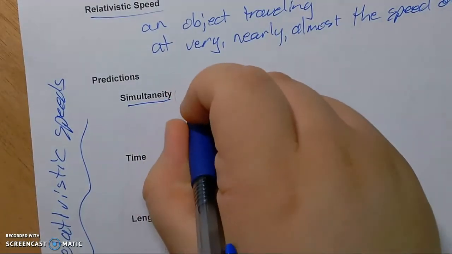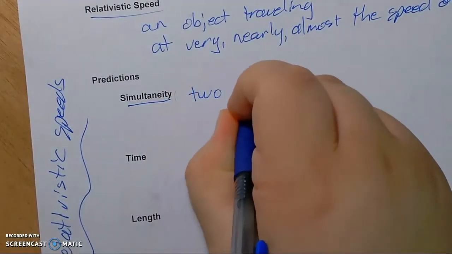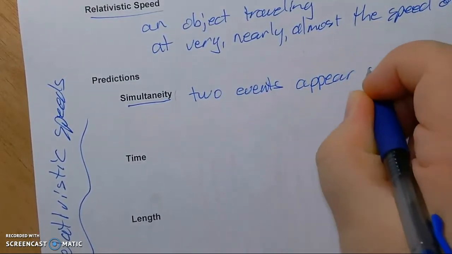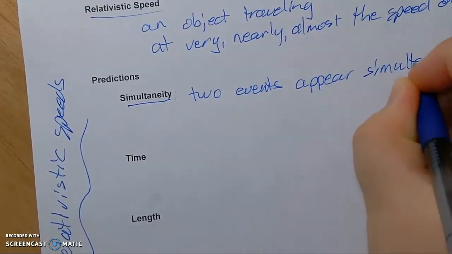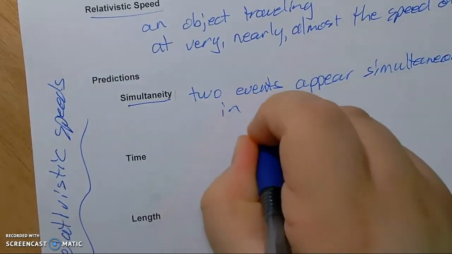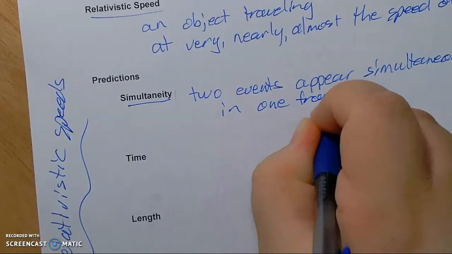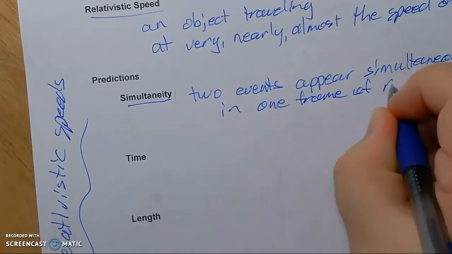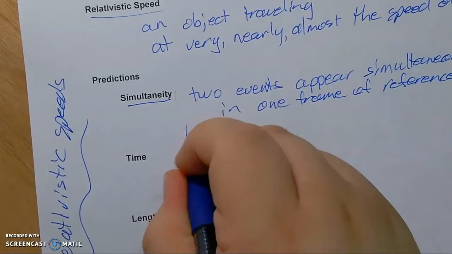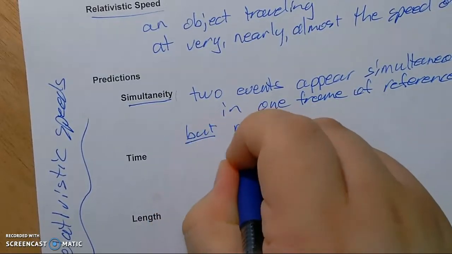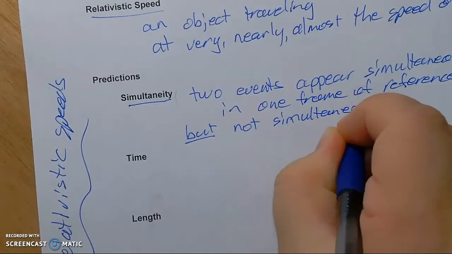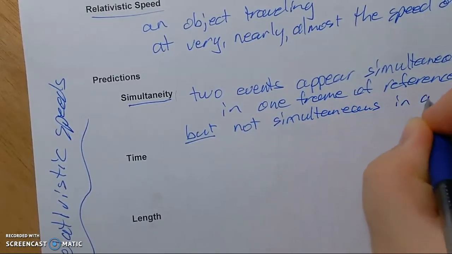Basically, what that says is we have two events that appear simultaneously at the same time in one frame of reference, but not simultaneous in another.